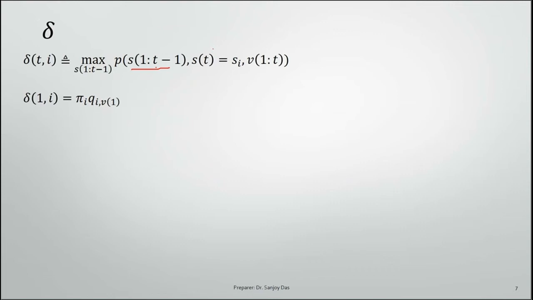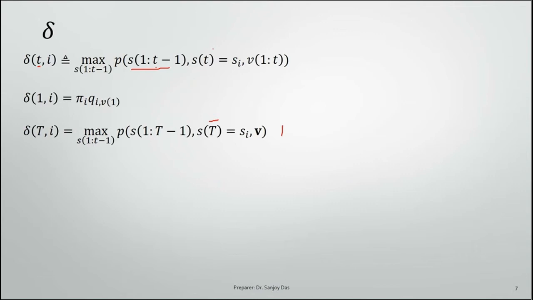And simply plugging the value uppercase T in place of lowercase t, we have delta uppercase Ti equals max over S1 through uppercase T minus 1 of the probability of the state sequence S1 through T minus 1, St equals Si and V. Now I'll take this and do the maximization over St, because there are so many possibilities for St. How many possibilities?